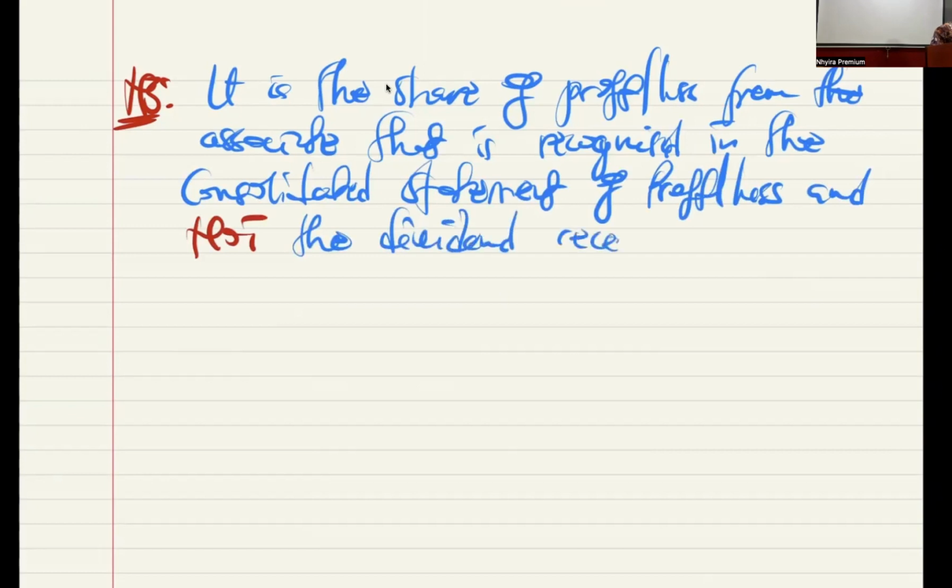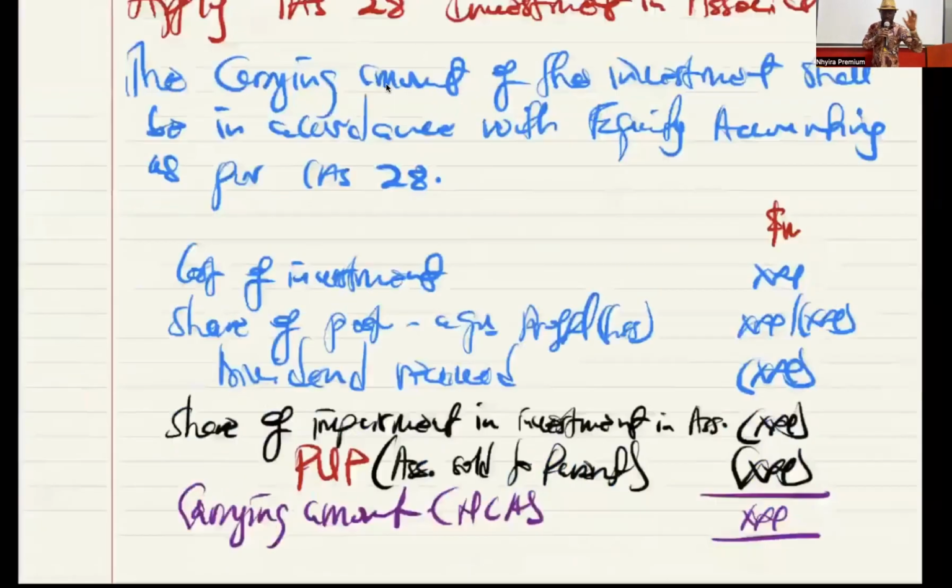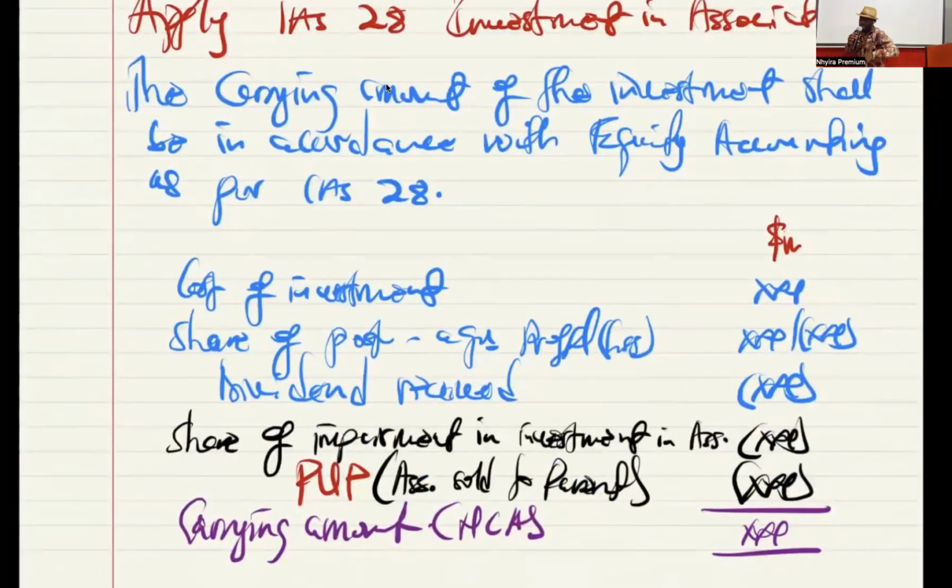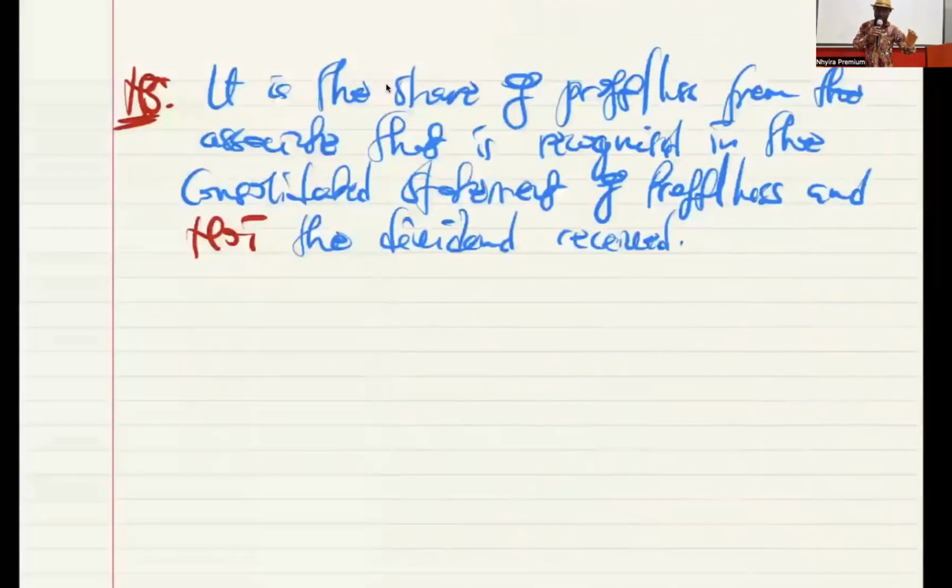These are principles. And like I keep on telling you always, everything in financial reporting, corporate reporting, is about principles. So just like when we are dealing with financial instruments, it is not the interest payable or interest receivable that we bring in the P&L, but instead the finance income or finance cost based on the effective rate. When we are doing investment in associate, it is not the dividend that is brought on the face of the consolidated profit or loss.